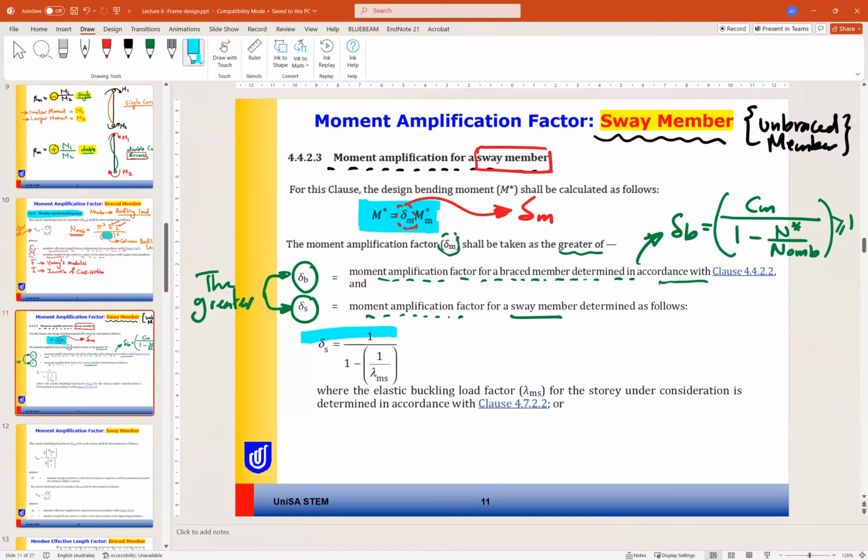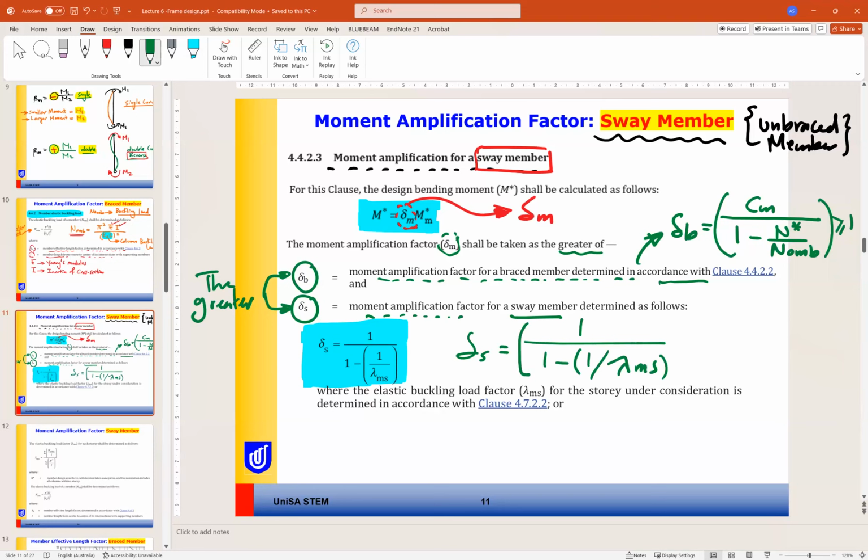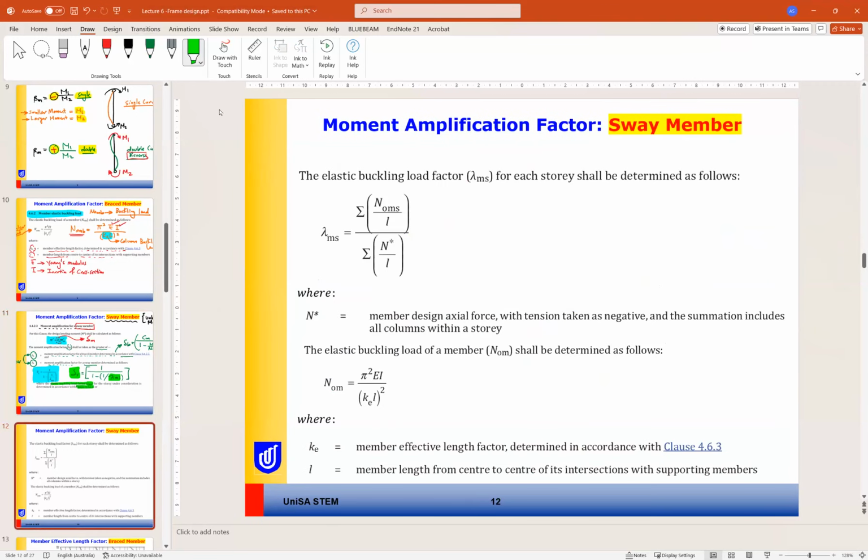Determine it using the formula delta s equal to 1 divided by 1 minus 1 divided by lambda ms. So the only parameter we need to find delta s is lambda ms. Lambda ms is the elastic buckling load factor determined according to clause 4.7.2.2. So now how can we find lambda ms?